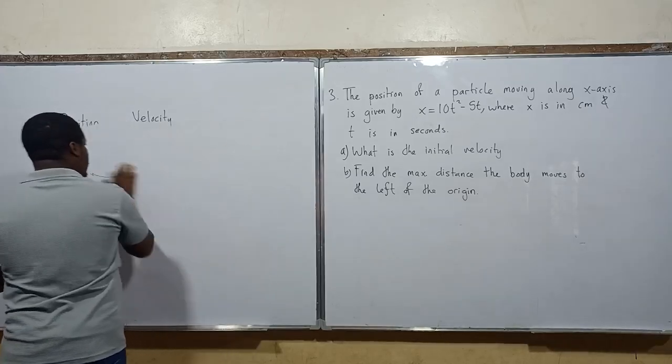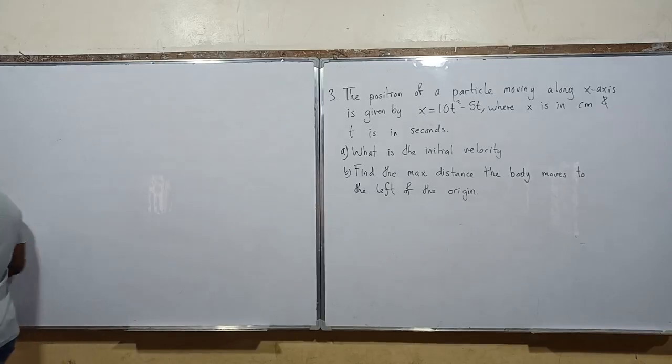Now, if you look at what we've been given in the question, we've been given an expression for position. We've been told that the position of the particle is given by a function of x with respect to time. So since we have a function of x with respect to time, and the first question is asking for the velocity, what do we do with that function?